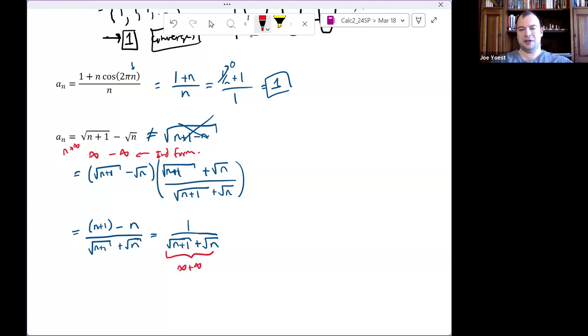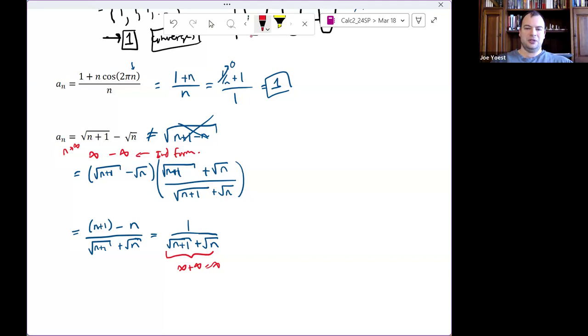Well, that's just infinity. If I have a large positive number plus another large positive number, I get an even larger positive number. Whereas if I have a large positive number minus another large positive number, I don't know what I have. I might have a large negative, I might have a large positive, I might have something close to 0. But if I add 2 large positives, I get a large positive, no ambiguity.